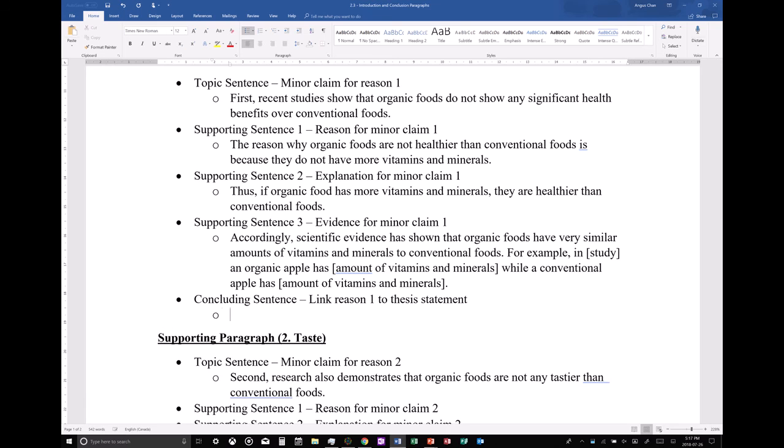So you would conclude your supporting paragraph based on the evidence supporting your explanation that supports your reason, that supports your claim.